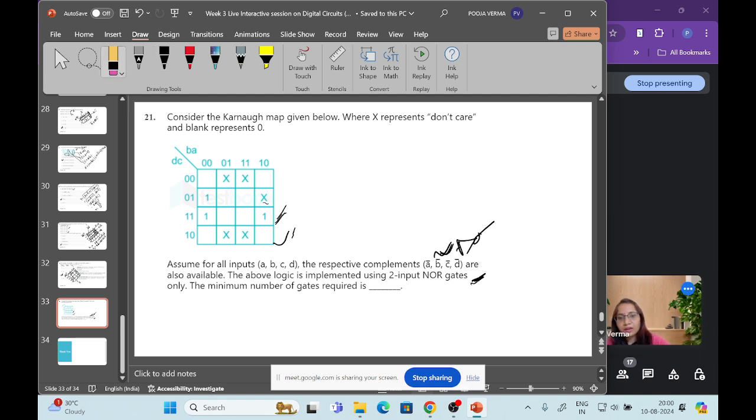So first we need to find out the expression for the corresponding. So we can make a group of quad here, right? Because these are the don't care conditions only, so we can't consider these. So only one pair we can make. So let's say y is representation for this expression. So what will be the value?